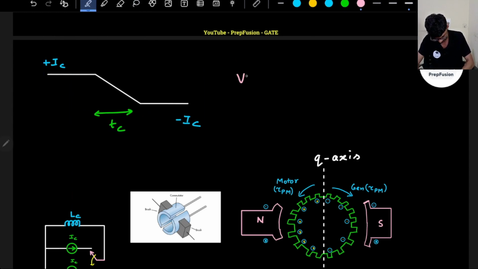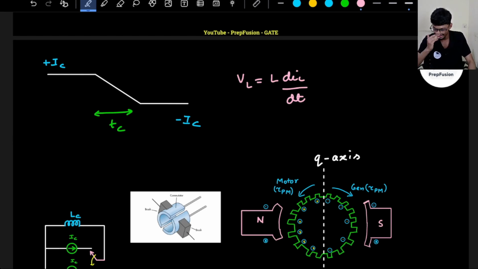So the voltage developed across the brushes will be VL equals L dIL by dt, right?